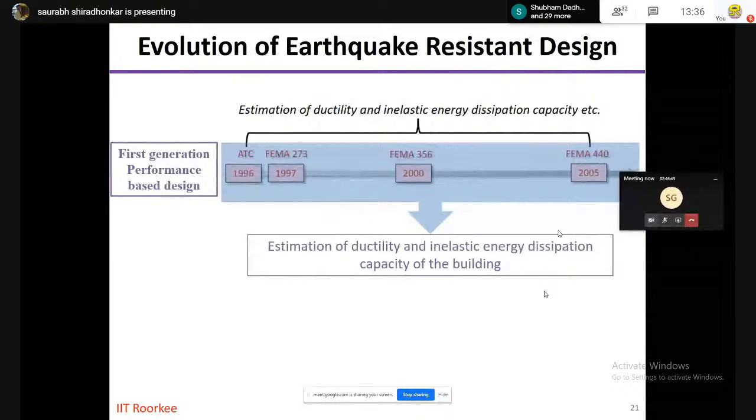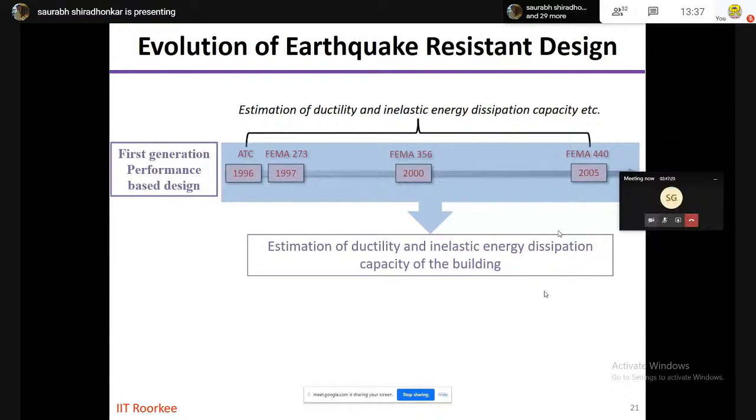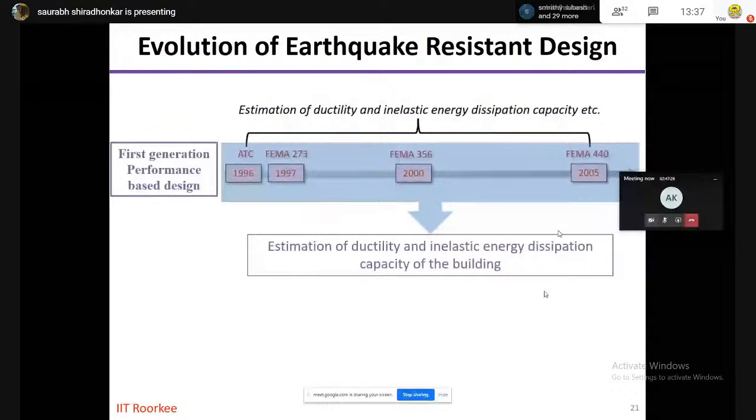These performance levels you can correlate with the damage states that we have seen, which are slight, moderate, and the collapse state. So you can say that I can choose the performance level, and then I can choose whether my building wants to be either in slight damage state, moderate damage state, or in collapse state after a characteristic earthquake. These procedures mainly help us to figure out the ductility and inelastic capacity of the building, which are useful to reduce the earthquake forces and also responsible for the condition of a building after an earthquake.